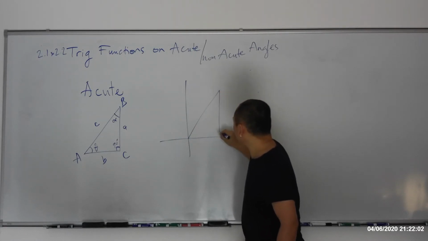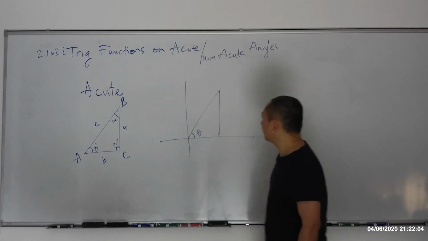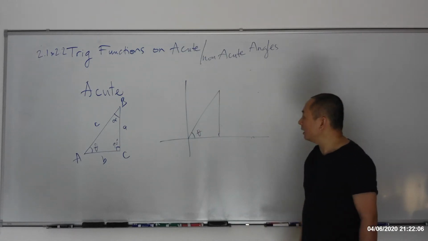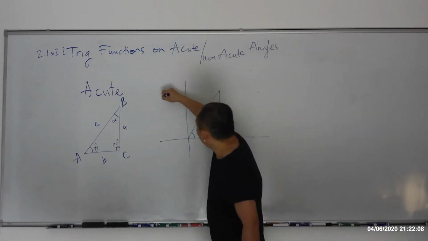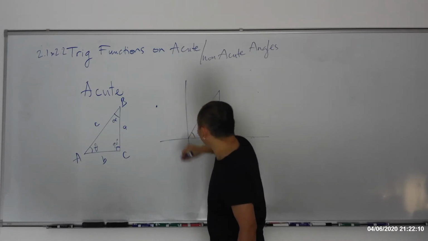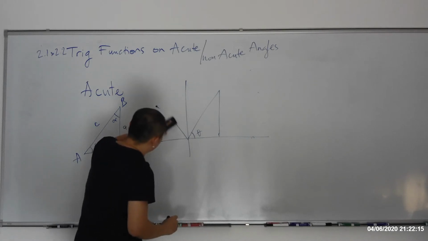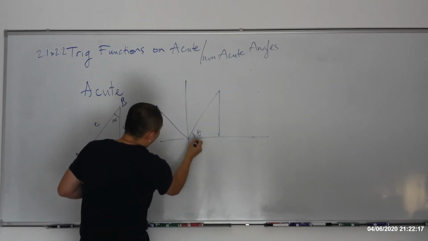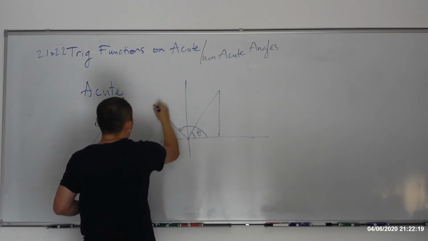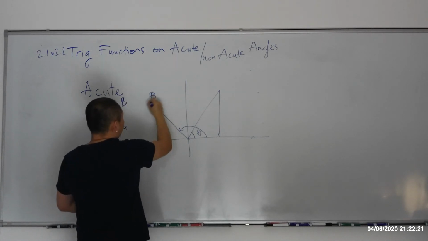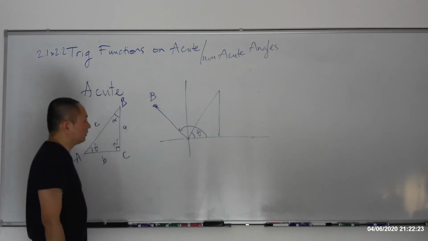This is the angle theta, triangle ABC. Now the point B is right here. I have the angle this way, an obtuse angle in this case. The point B is in quadrant number 2.